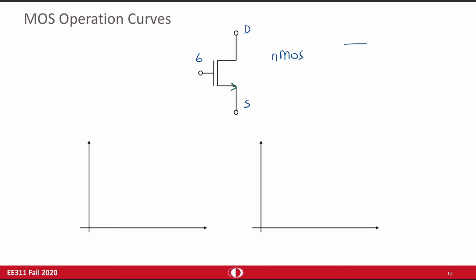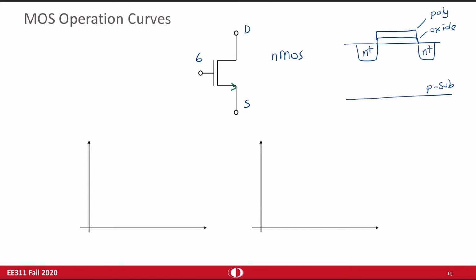The operation is like this: N+, P substrate, oxide, polysilicon. This is the gate, let's say this is the drain, and this is the source.